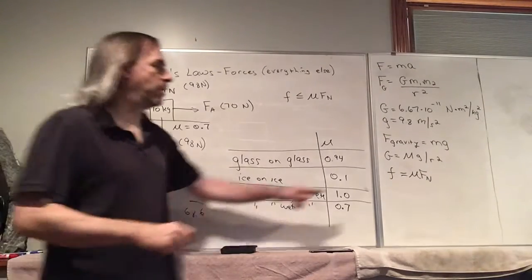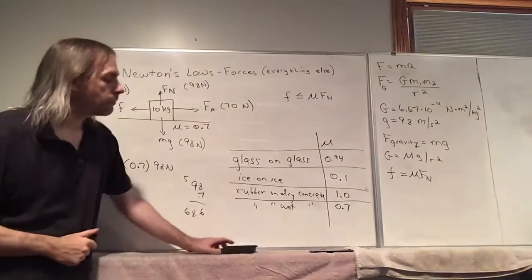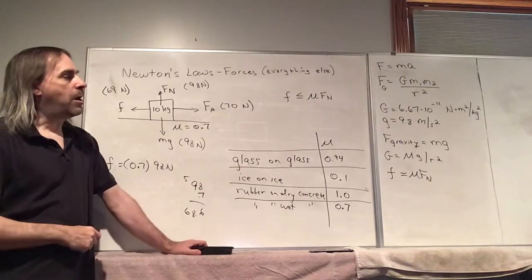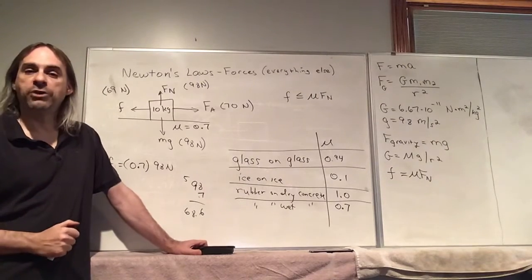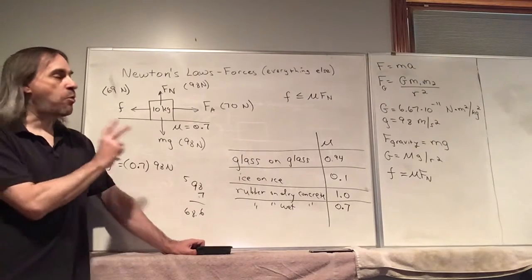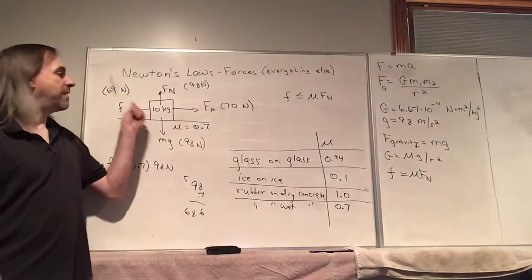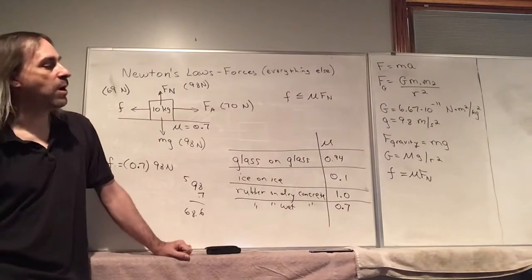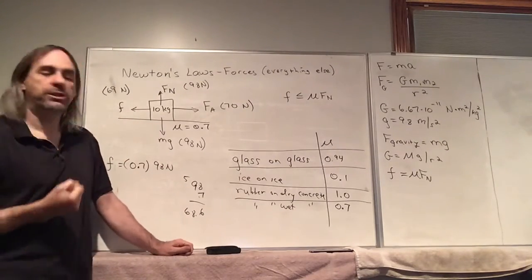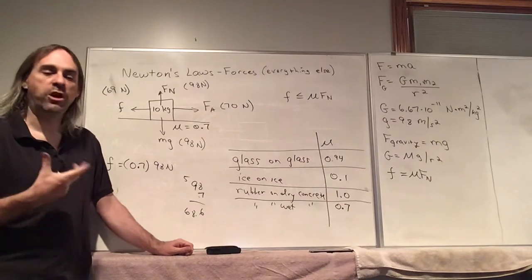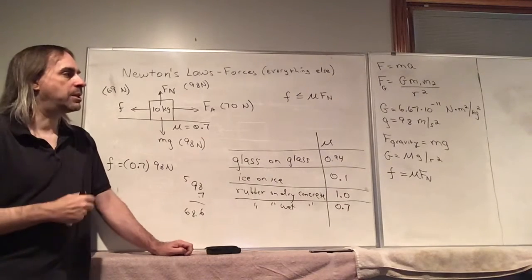But I didn't bother doing that, I just wrote this. But we're actually not done talking about friction yet. Very important to understand that this number you get by calculating mu Fn, that's just a maximum force that friction can provide, not necessarily what it will.